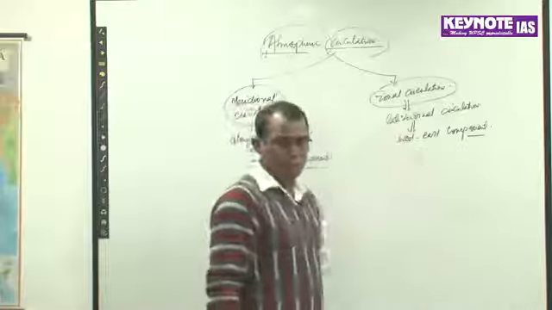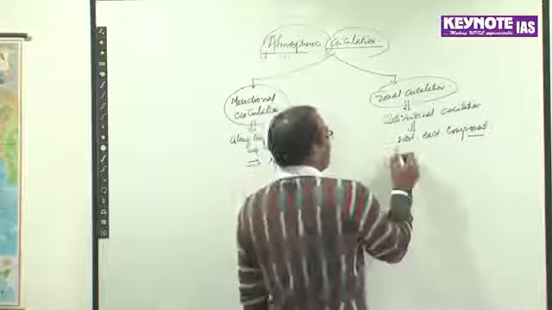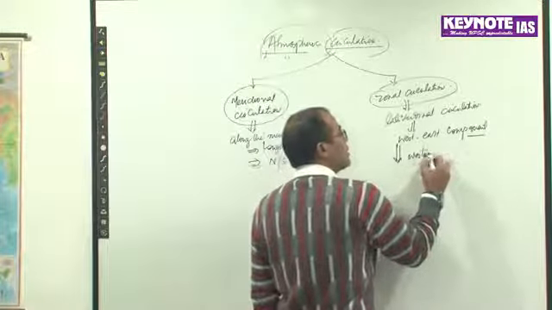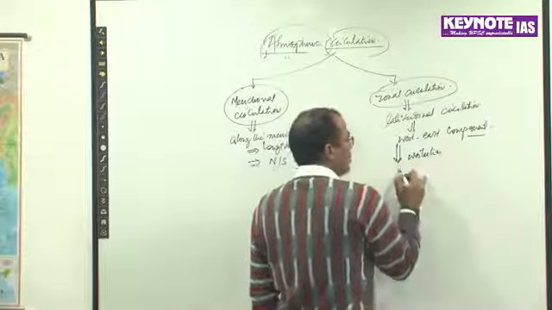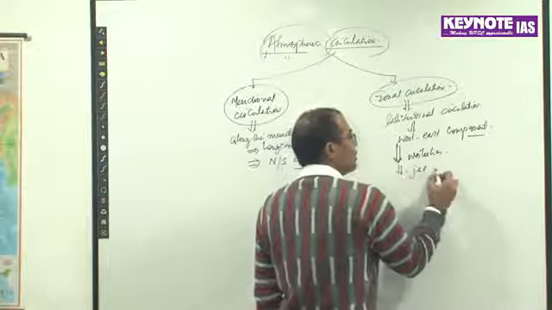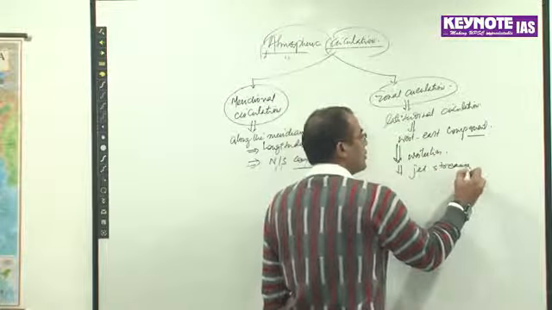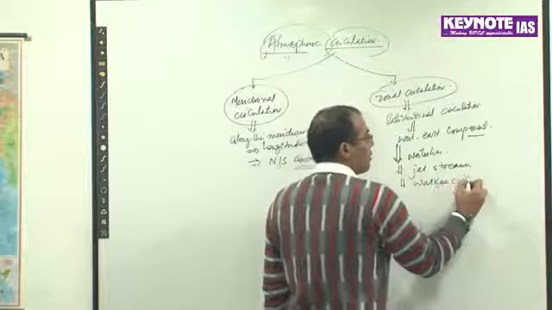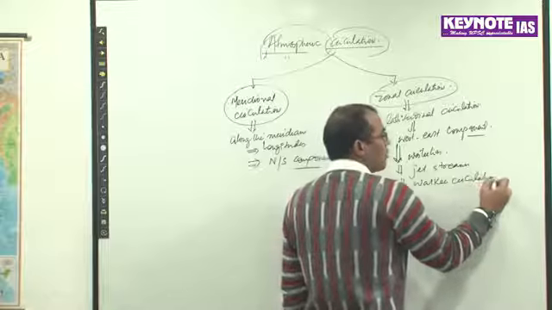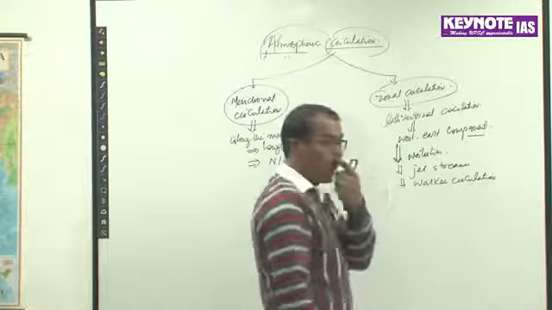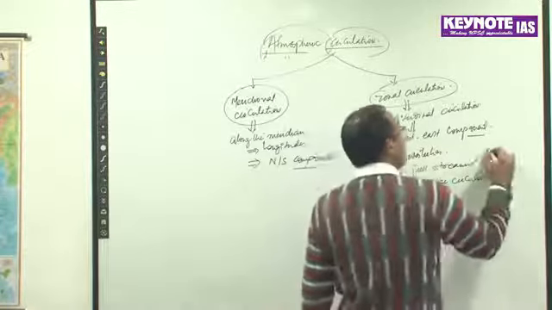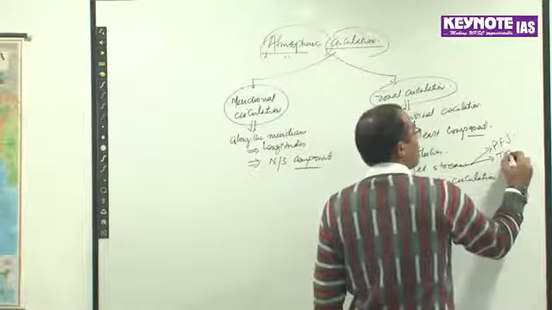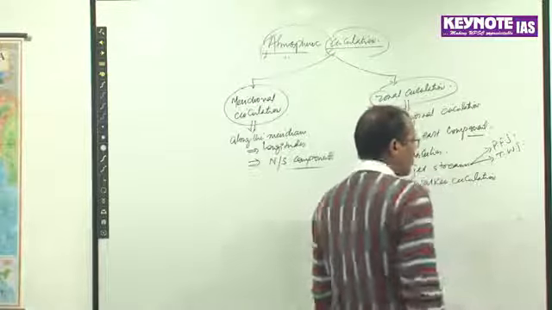West-east, east-west both. Right? So here, the most important examples are the westerlies, the jet streams, and the Walker circulation. The jet streams include both the polar front jet stream and the tropical westerly jet stream.